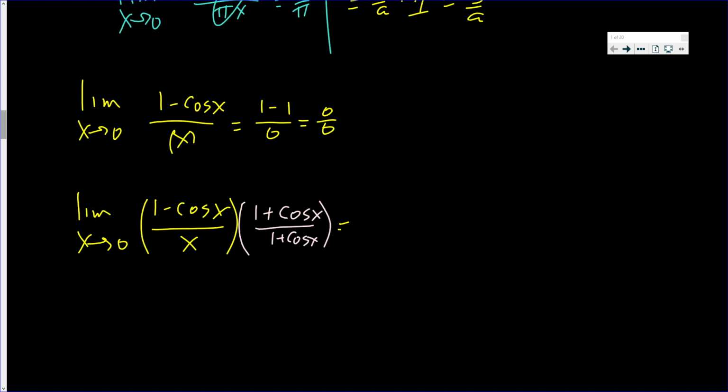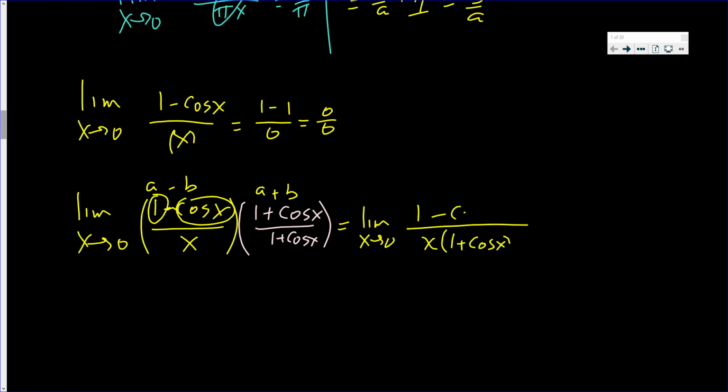So, still the limit as x approaches 0. The denominator is just x times (1 plus cosine x). But the numerator is in the form (a minus b) times (a plus b), so we get a squared minus b squared. That's 1 squared, which is 1, minus cosine squared x.